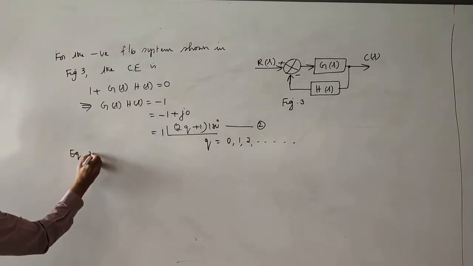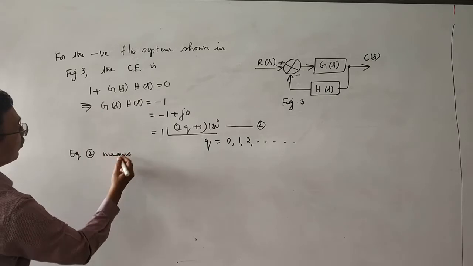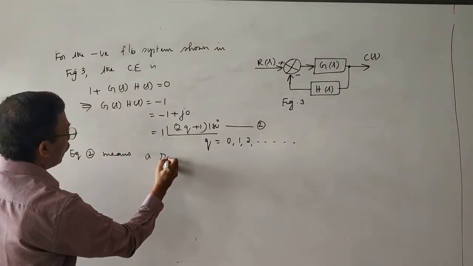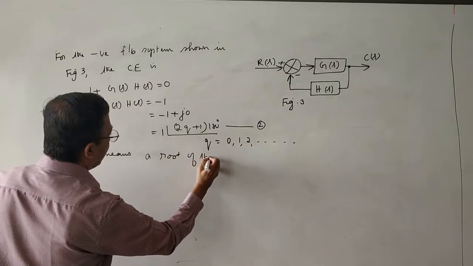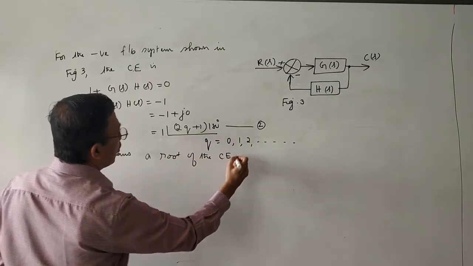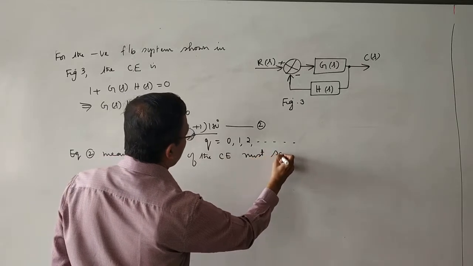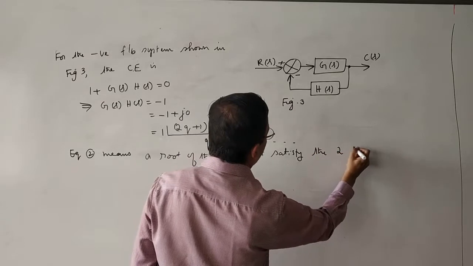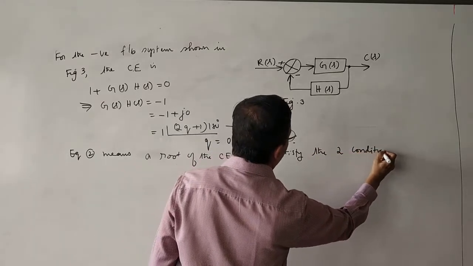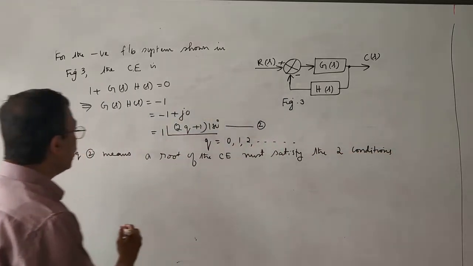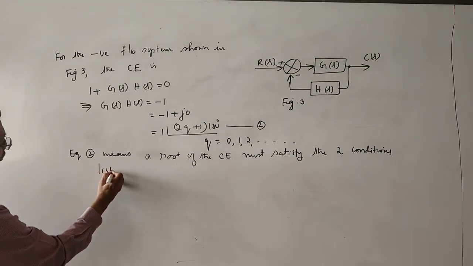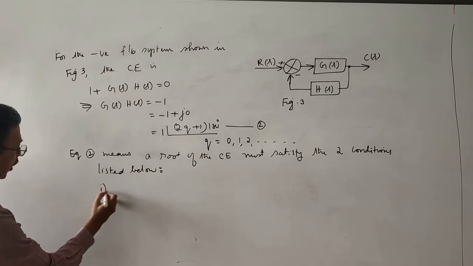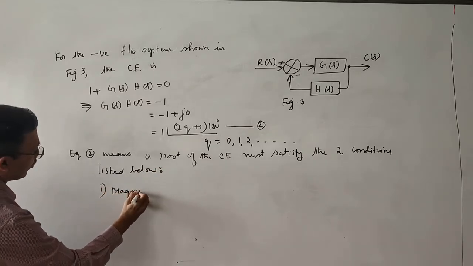Equation 2 means a root of the characteristic equation must satisfy the two conditions listed below. What are those two conditions? First one, magnitude condition.